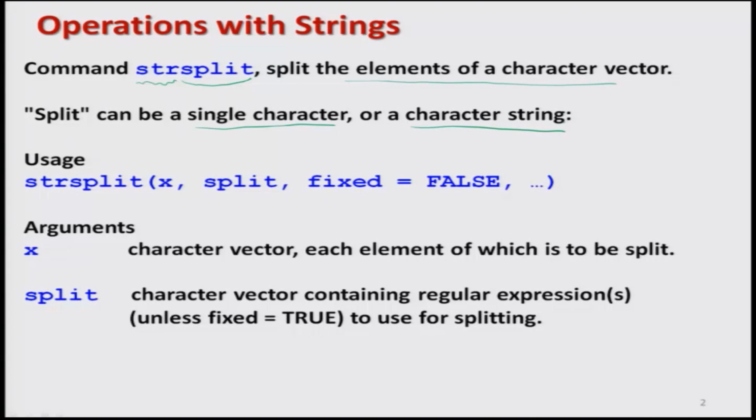The syntax for using the strsplit command is that we write all of these in small letters, strsplit, then inside the arguments we give the variable x, the string which we want to split, then split, and then we have another option, fixed.